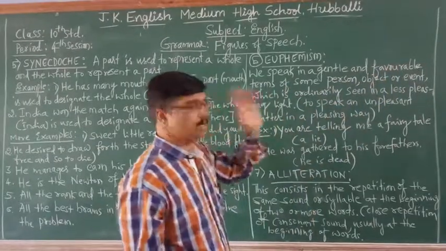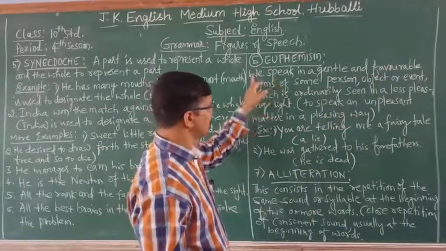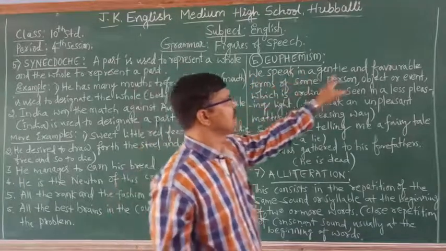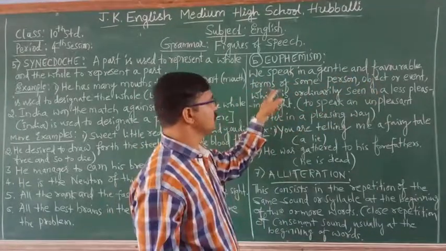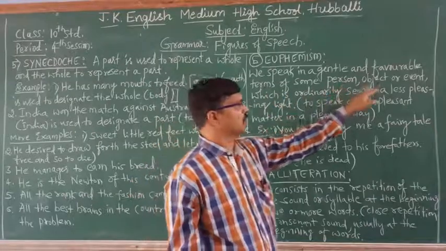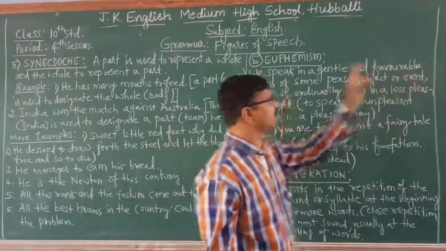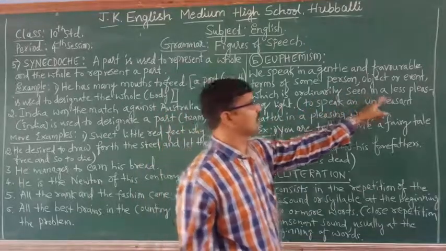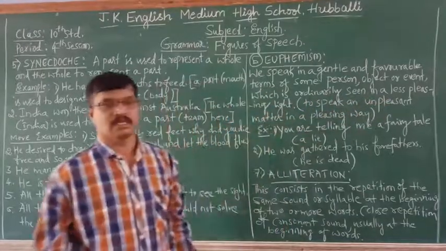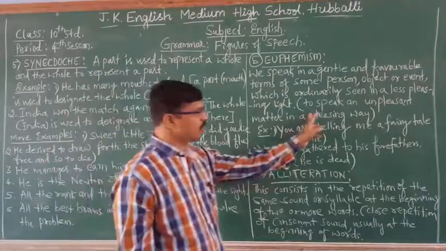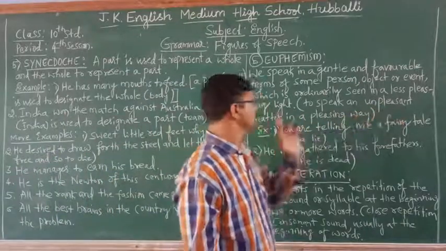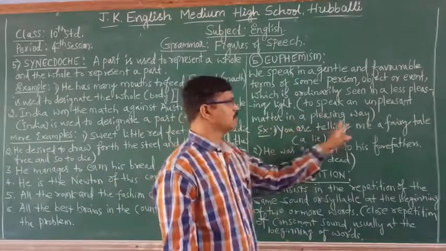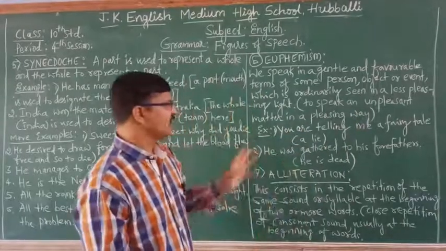So once again I will read: whenever we speak in gentle and favorable terms of some person, object or event which is ordinarily seen in a less pleasing light, that is, the meaning is to speak an unpleasant matter in a pleasing way.